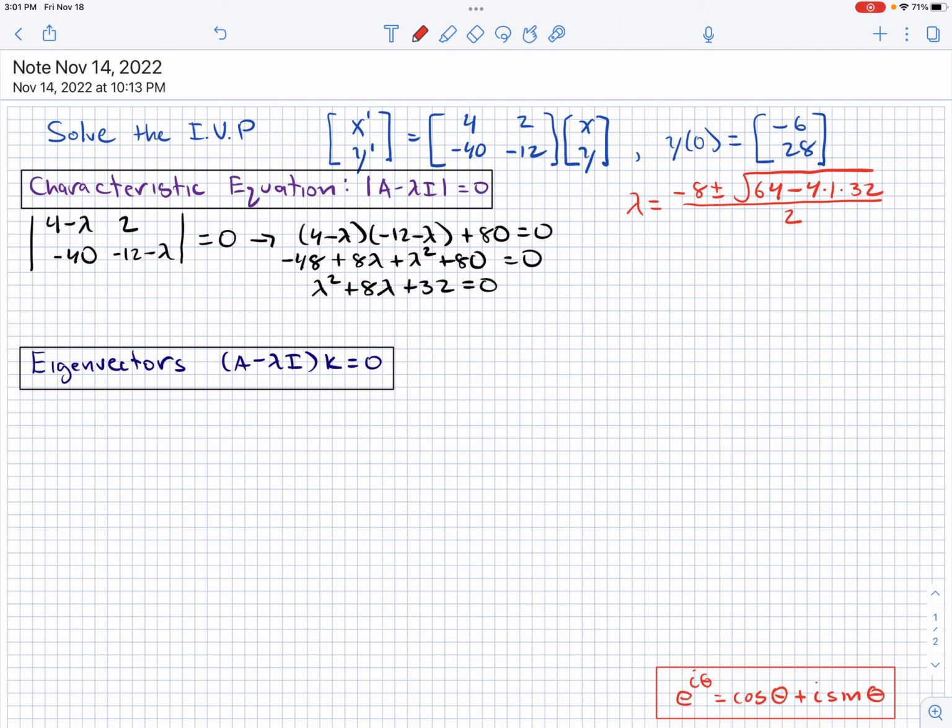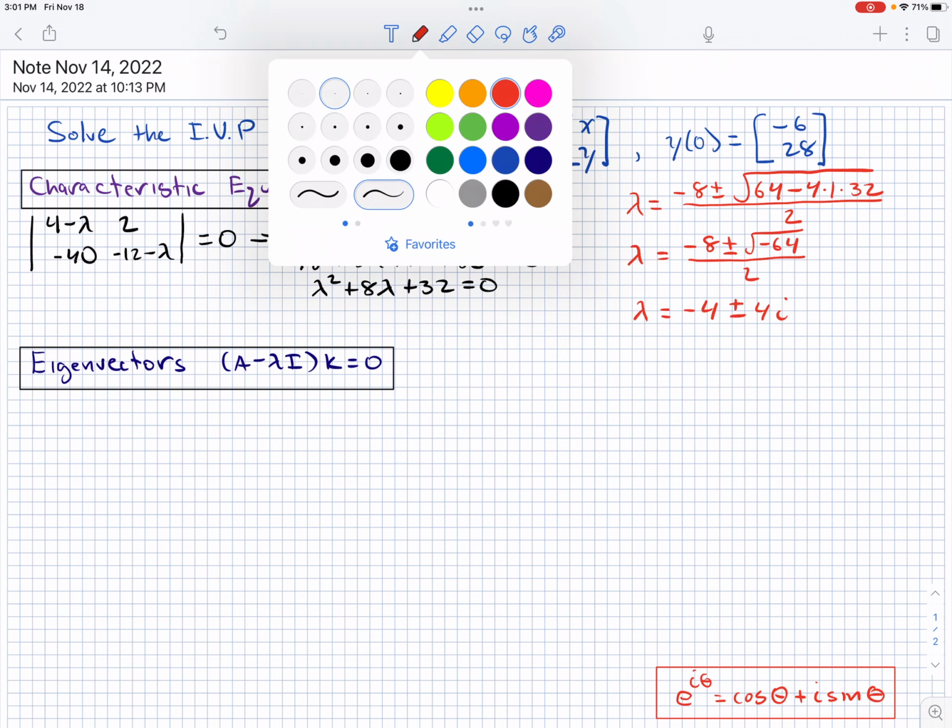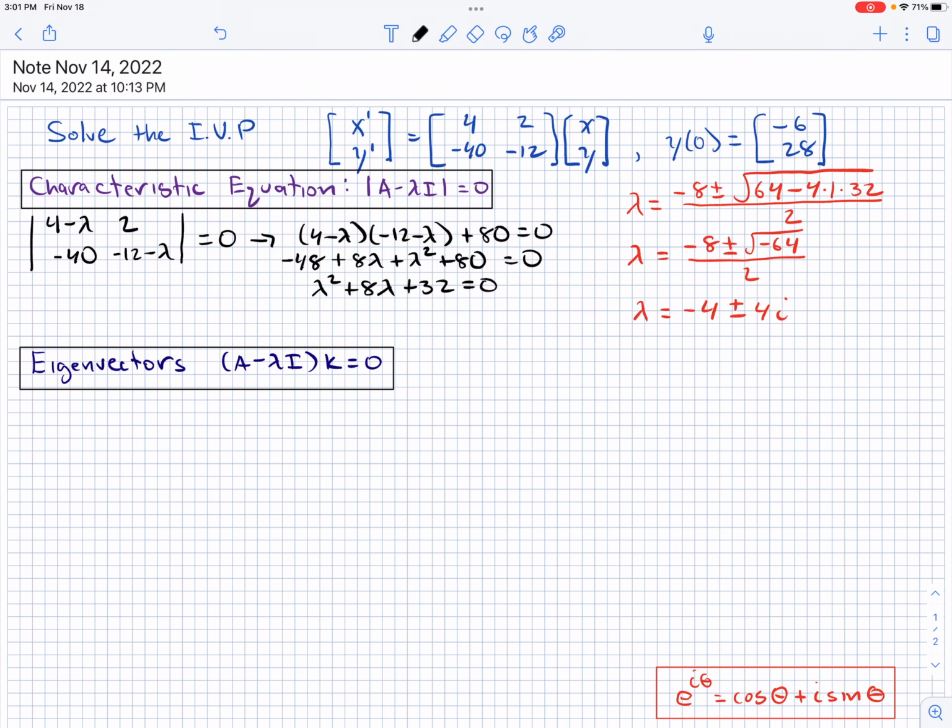When you simplify that, you end up with negative 8 plus or minus the square root of negative 64 all over 2, which, simplifying more, you get negative 4 plus or minus 4i. So that's great because that gives us our eigenvalues. Lambda 1 being equal to negative 4 plus 4i. Lambda 2 being equal to negative 4 minus 4i.